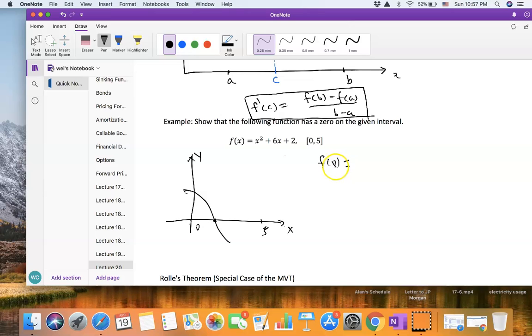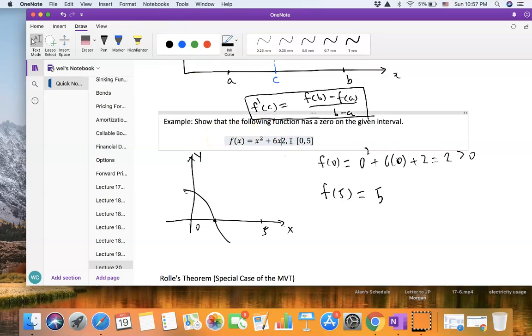Now, when x equals 0, the function value is positive 2, which is positive. And when x equals 5, the function value is, well, I think I might have a typo here.